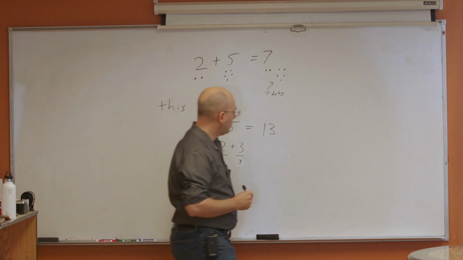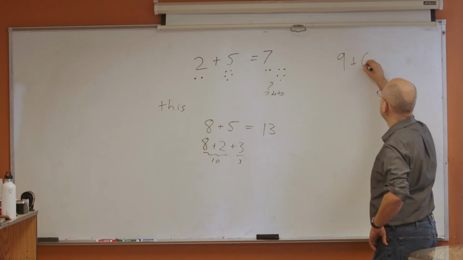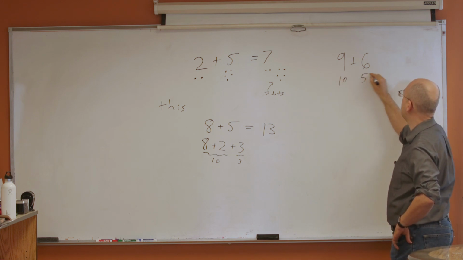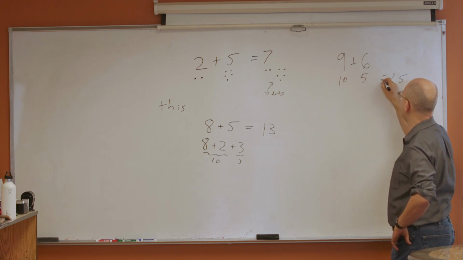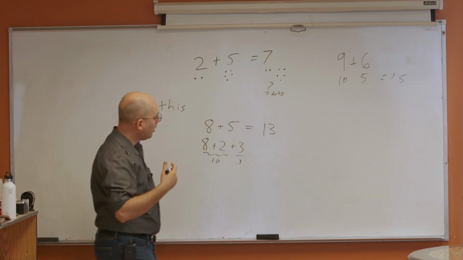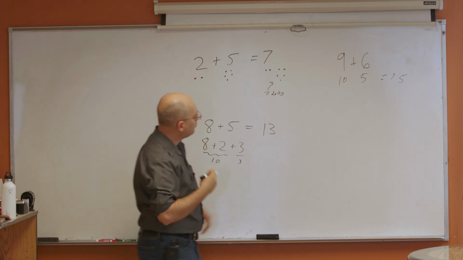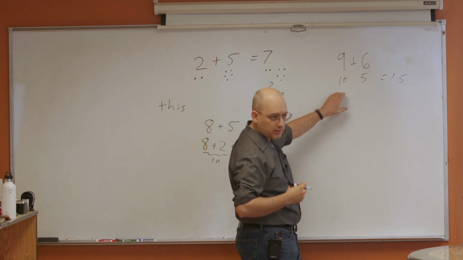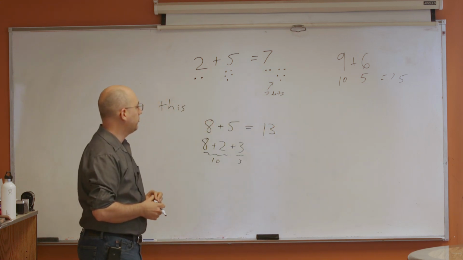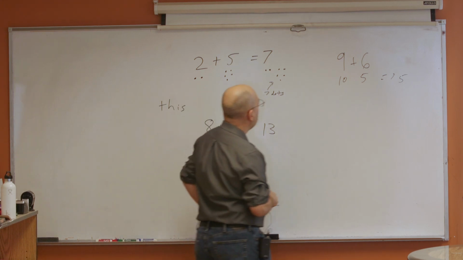And so whenever doing these kinds of things that go over 10, like 9 plus 6, you say 10, 5, and that's 15. And so it's being rooted in this 10 is a key skill for doing this kind of stuff quickly and efficiently and having flexibility. Alrighty.